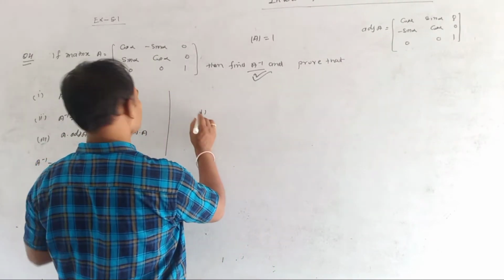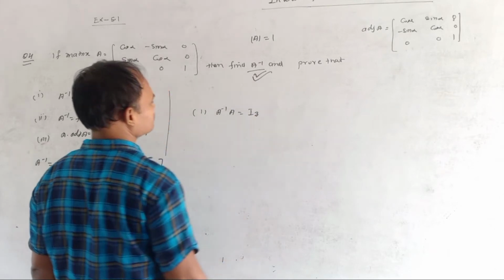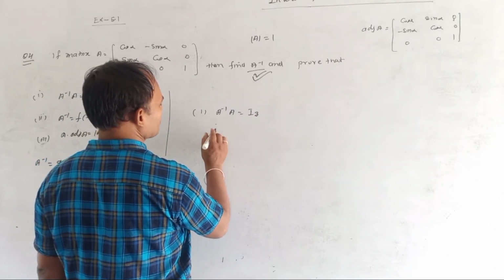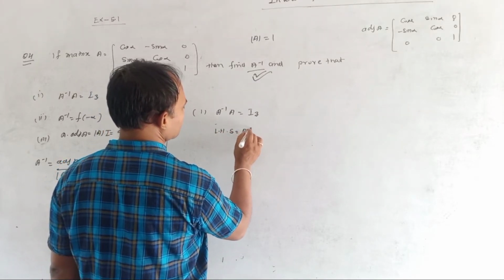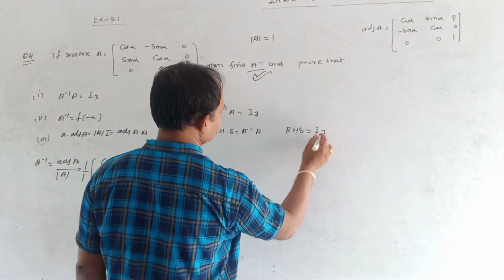So first is A inverse into A equals I3. So the LHS is A inverse into A, and the RHS is I3.